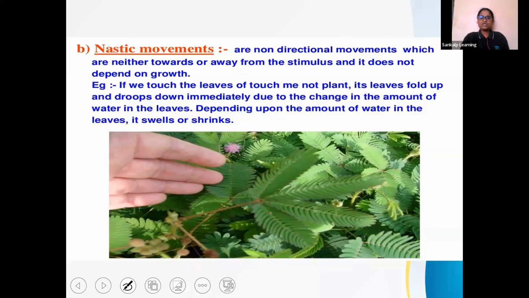Example, if we touch the leaves of the touch-me-not plant, in Kannada we call it muttidare muni, the leaves will fold and droop down immediately, due to change in the amount of water in the leaves.